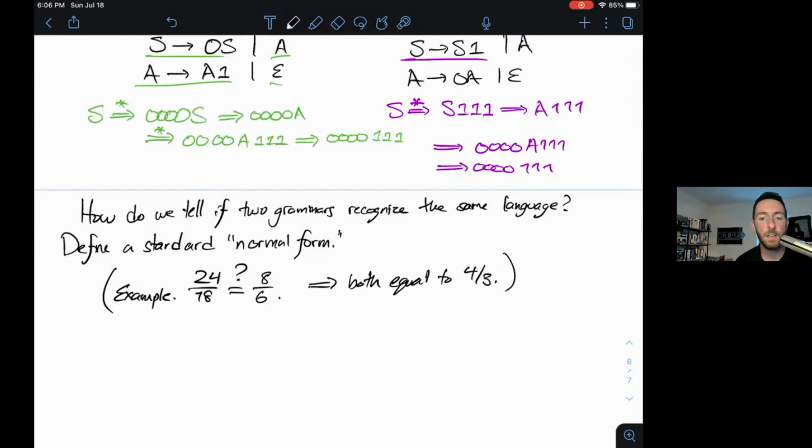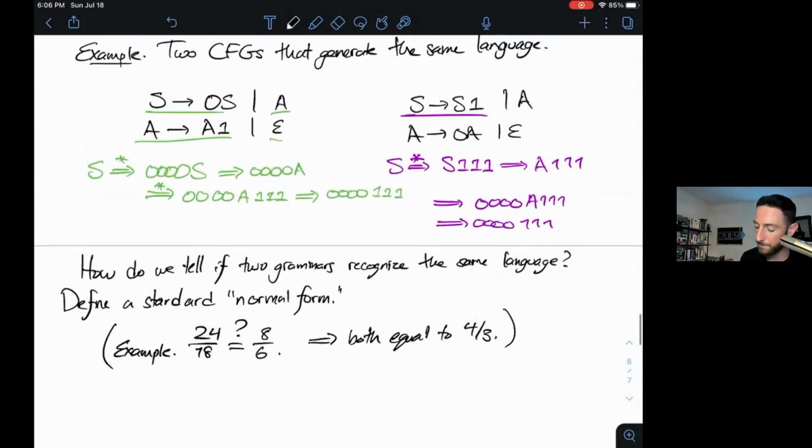And that's the same idea that motivates the normal form for context-free grammars. We want one form that does precisely this.